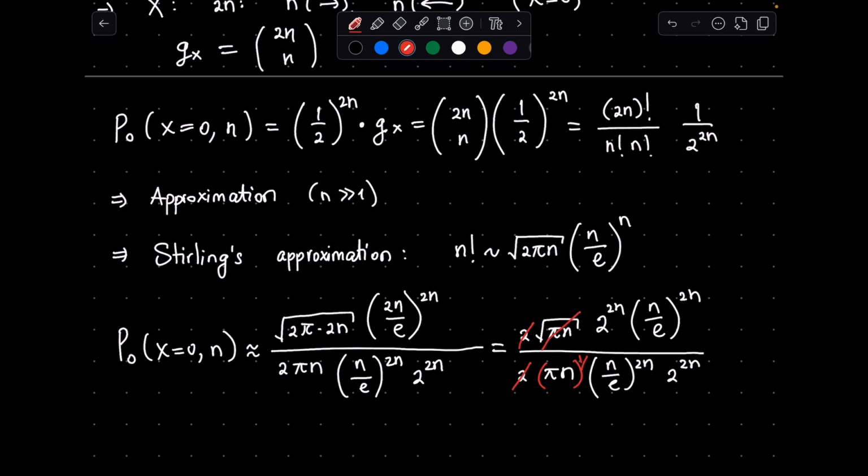You will see that a lot of this cancels out, leaving us 1 over the square root of pi n.